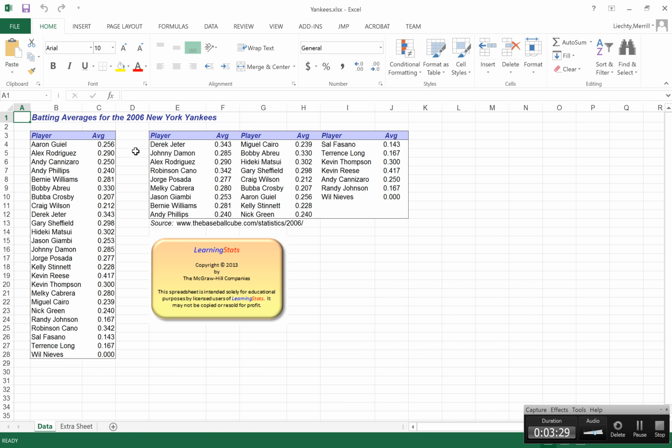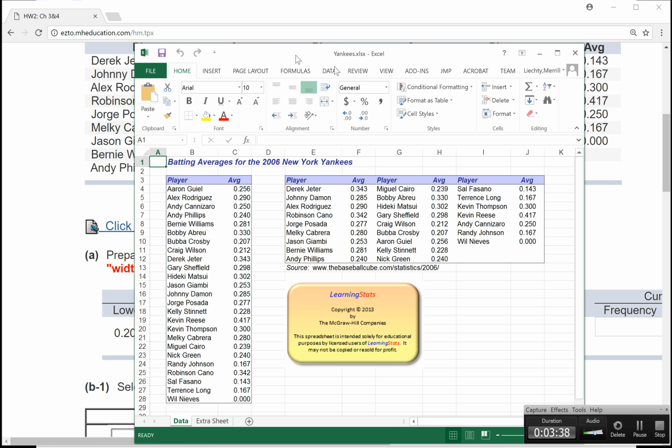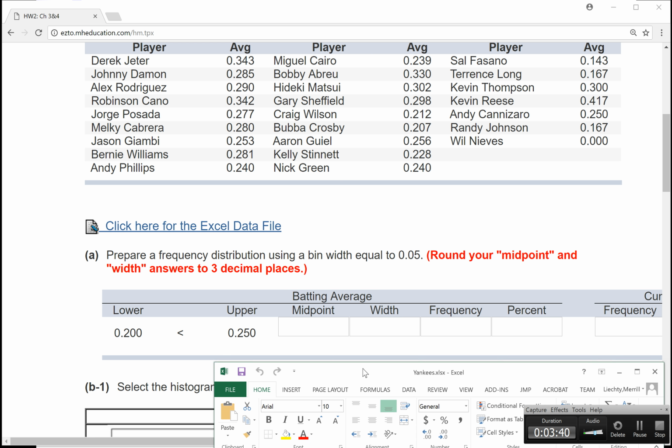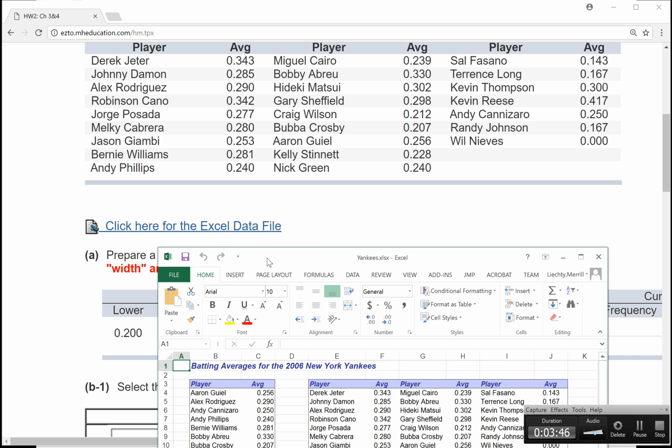So here's the raw data, and we want to know how many we have between 0.2 and 0.25.